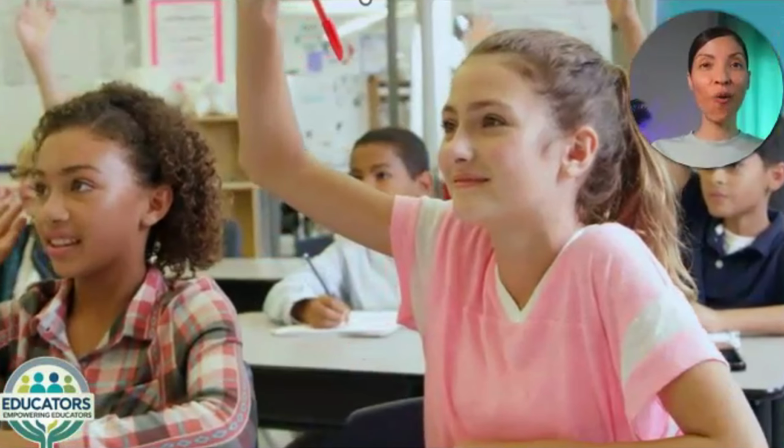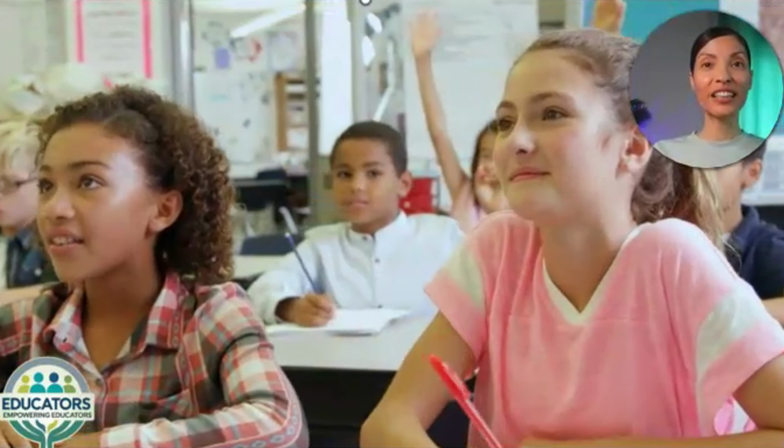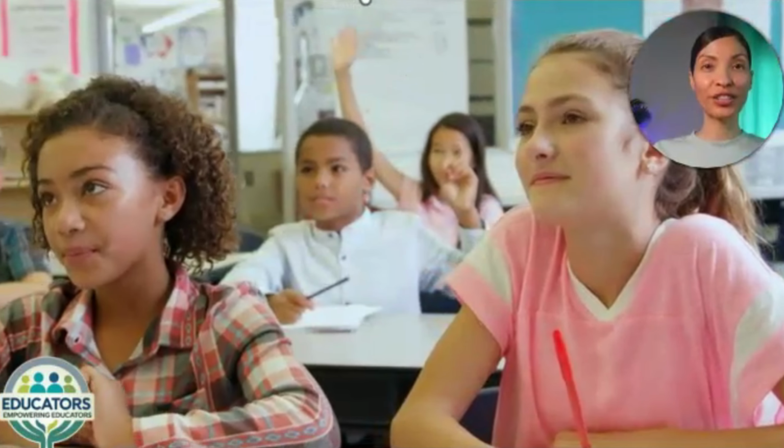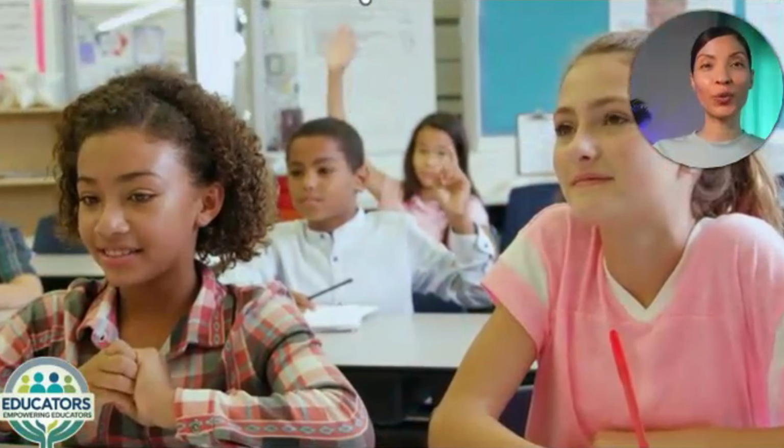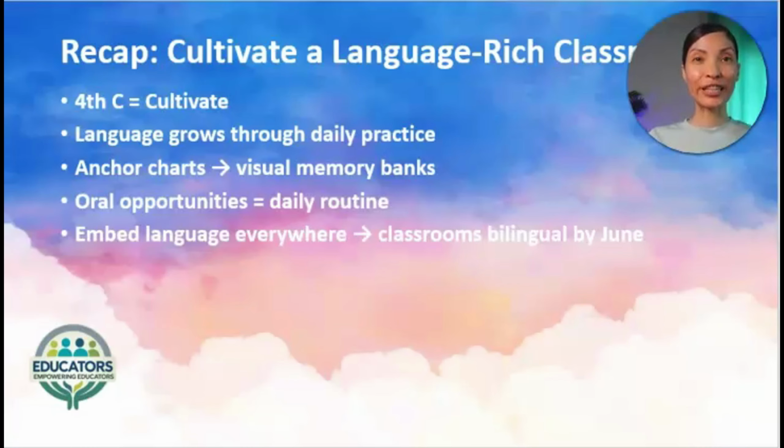Next, we looked at how oral opportunities like retelling, role-playing, and pair share can transform language learning into a daily routine. Finally, we went over practical tips, like using group roles, keeping charts at eye level, and recording samples for self-reflection. All of these strategies remind us that cultivating language isn't about extra lessons. It's about embedding language in every corner of your classroom.